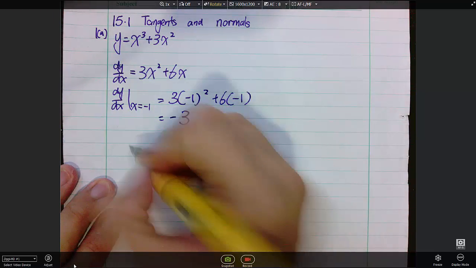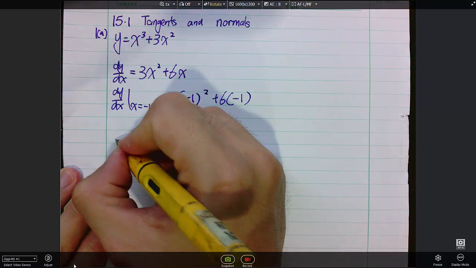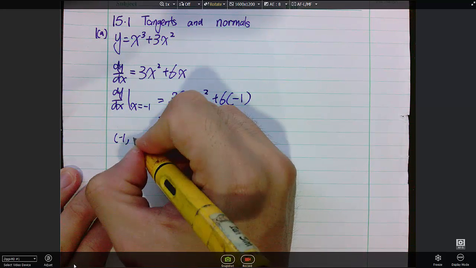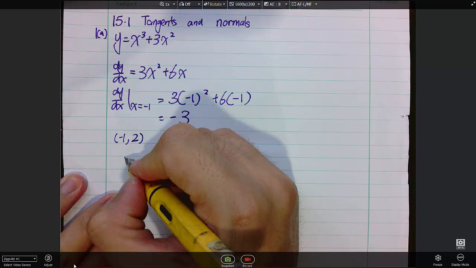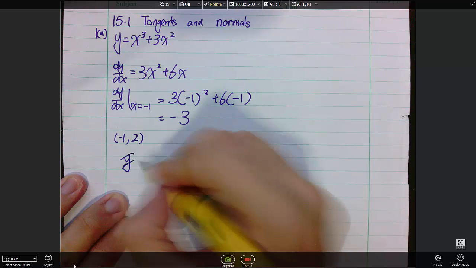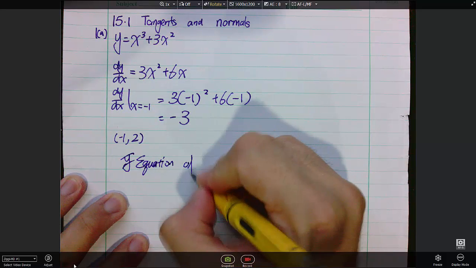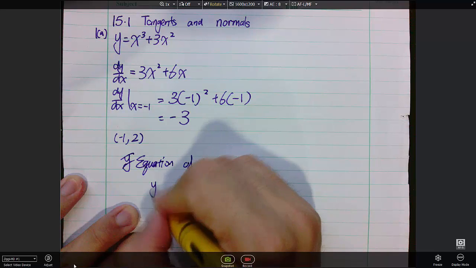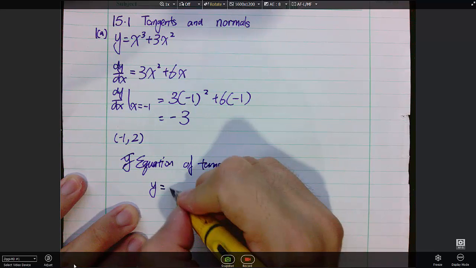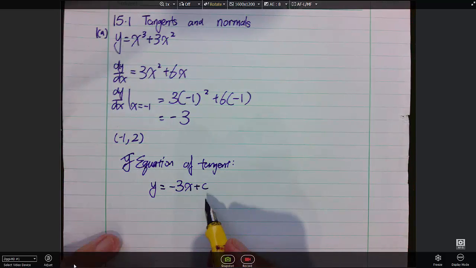Now the next part is this. I form my equation. Notice that I want to find the tangent at the point (-1, 2). So I form, as we learned from E-maths, the equation of a line. In this case, the equation of the tangent is y equals mx plus c, so it's -3x plus c. How do I find c?